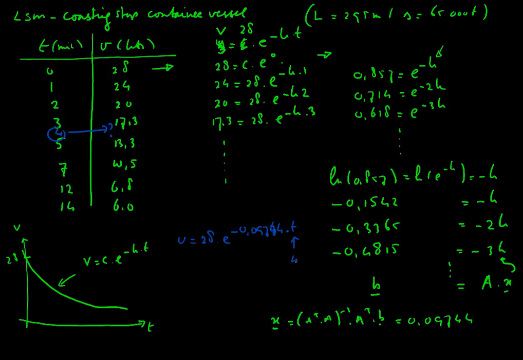Having found that, we have the formula of the graph: the speed equals 28 times e to the minus 0.0977, no, 0.0944 times t. And now you can find for every t, say if you want to have 4, if you're looking for that number, it's not in the table, you can put in 4 over there and calculate v4.